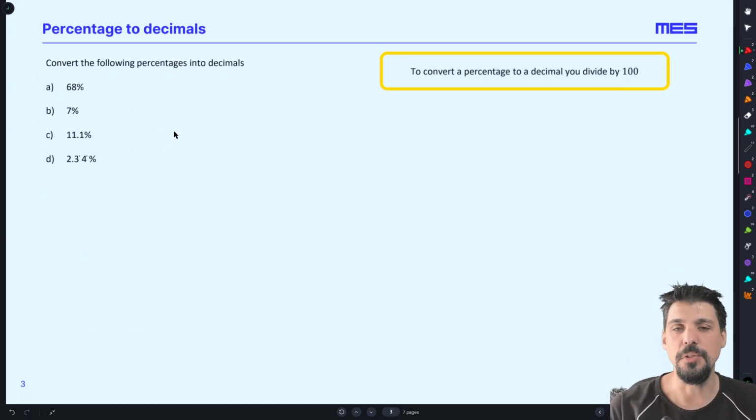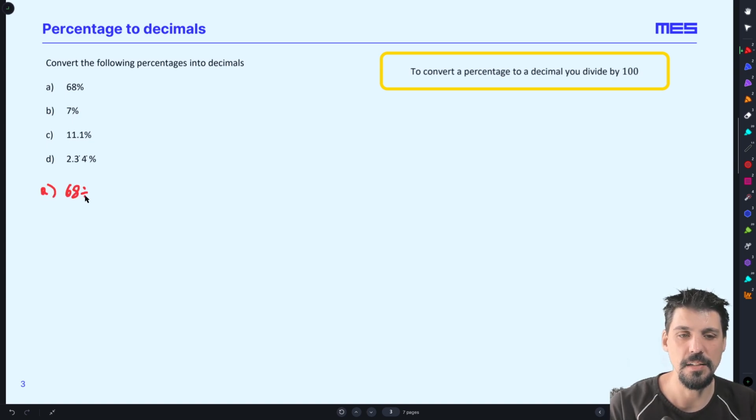Now, what we want to do is also convert percentages into decimals, and that's very easy. We just divide by 100. It is out of 100. So 68%, 68 divided by 100 is 0.68.